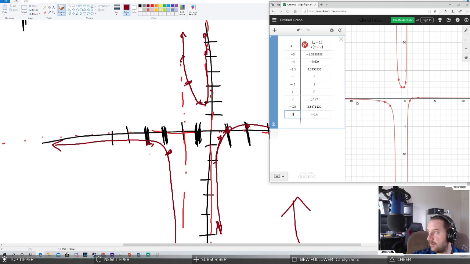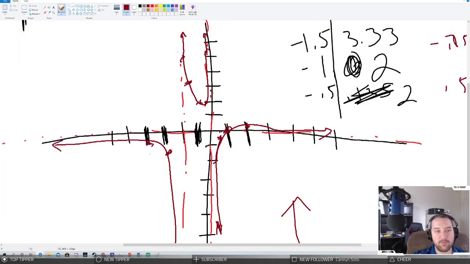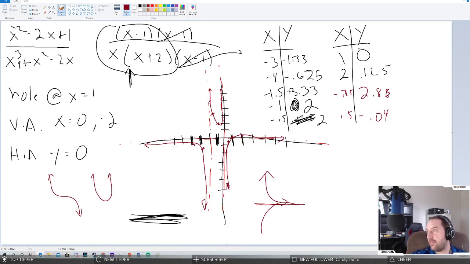It's matching that. There's my loop. It's going to go up. And then here's this one. It crosses that horizontal asymptote, but then it approaches it. So for sketching it, all I had to do is pick more points. This was a great example showing that those initial values weren't enough to see where it was going. And so you just pick more points to get more precise about what's going on with the graph.